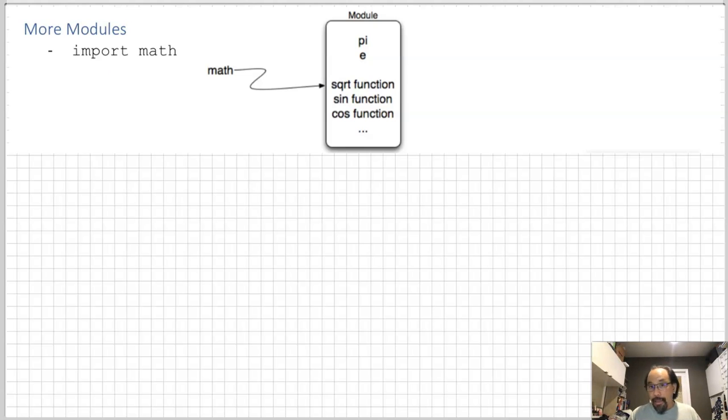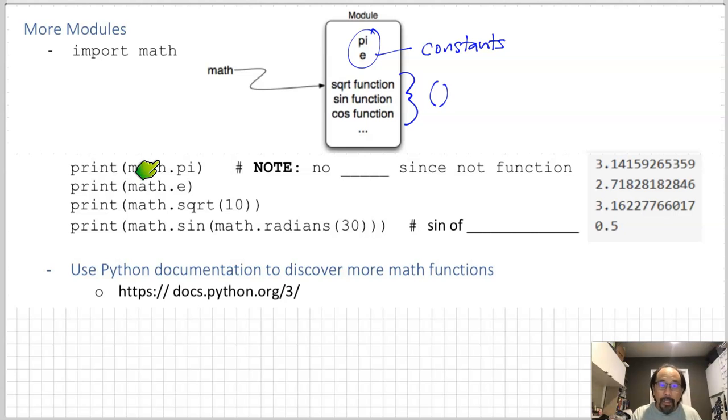In math, there are some very important constants, the constant pi, the constant e, square root functions, trig functions, sine, cosine, log functions, all sorts. Now, if I want to access, say, the pi constant, I'm going to say math.pi.